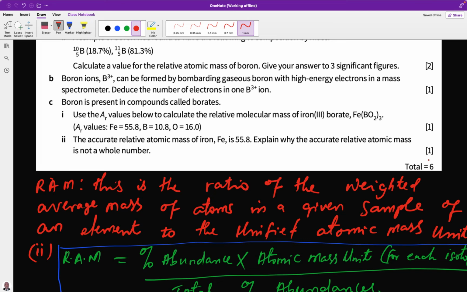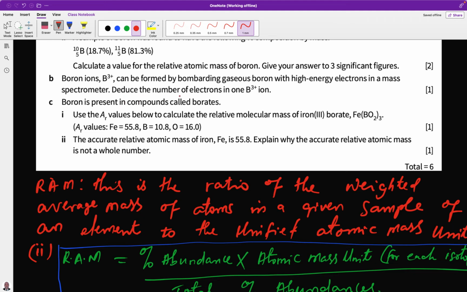Boron 3 plus can be formed by bombarding gaseous boron with high energy electrons in a mass spectrometer.